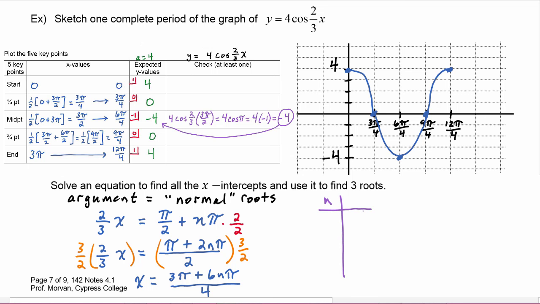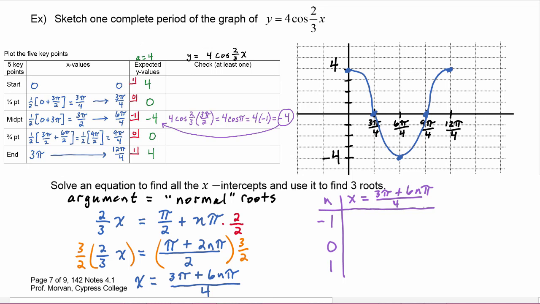So we can pick any integer we want, say -1, 0, and 1. That would be 3 integers. And then we will be plugging into the formula where x is equal to 3 pi plus 6n pi over 4.